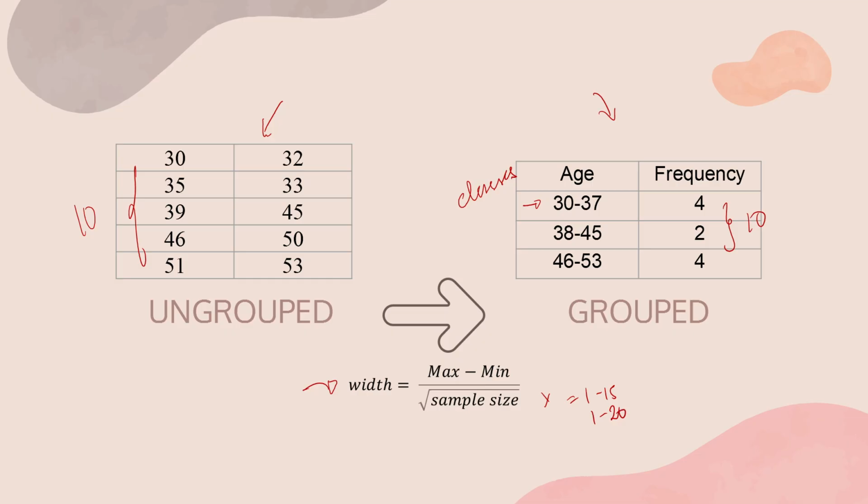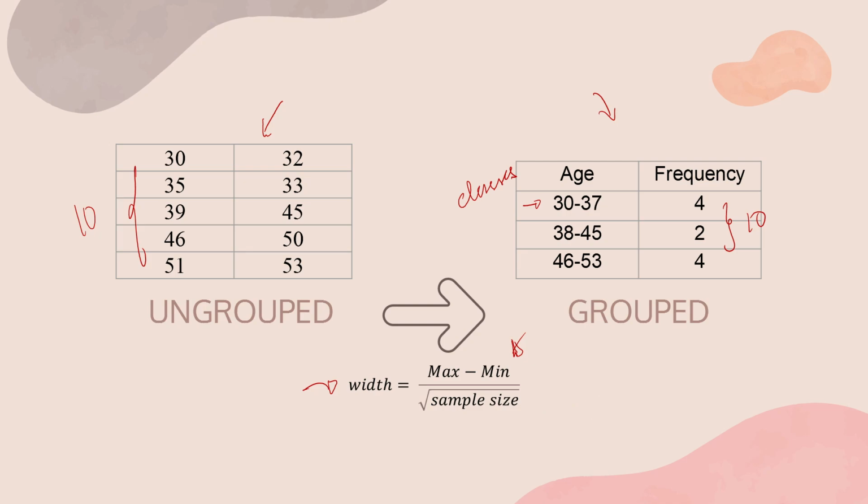It depends on the reference that you're using. But in most textbooks, and perhaps the most frequent formula that I've seen, is this formula right here. Basically, it's your range divided by the square root of your sample size.